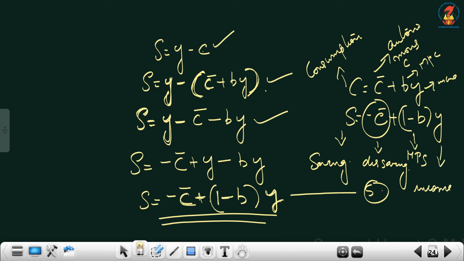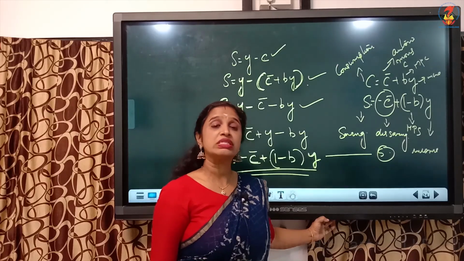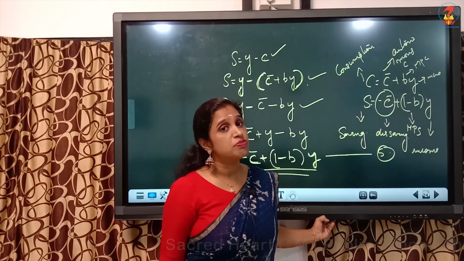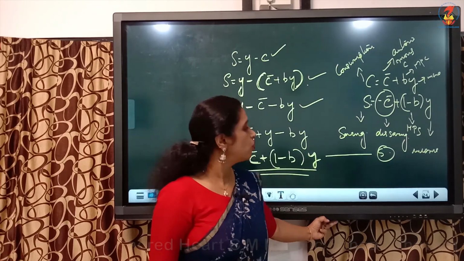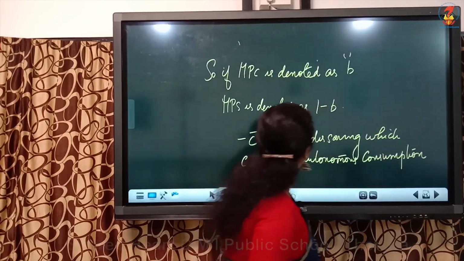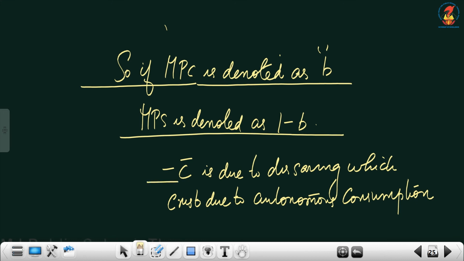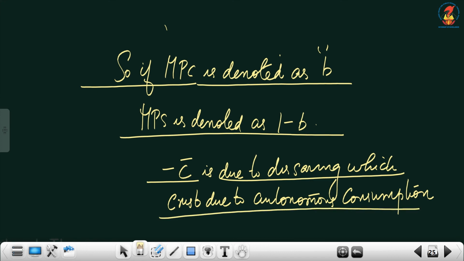So this is the difference between both equations. C is equal to C bar plus BY, S is equal to minus C bar plus 1 minus B into Y. Now let us see that once again. So if MPC is denoted as B, MPS is denoted as 1 minus B. Minus C bar is due to the saving which happens because of the autonomous consumption.